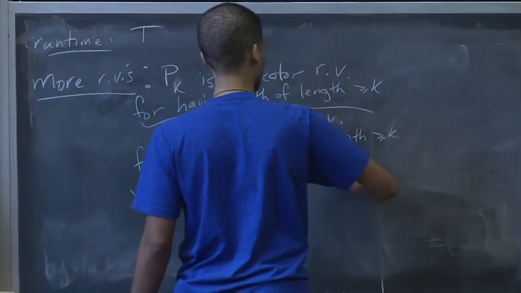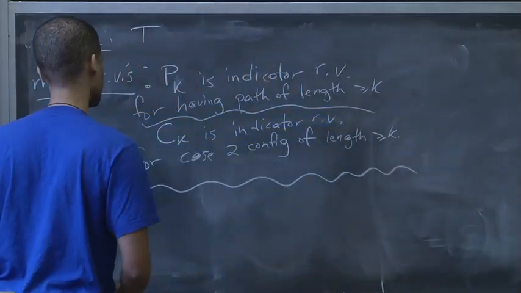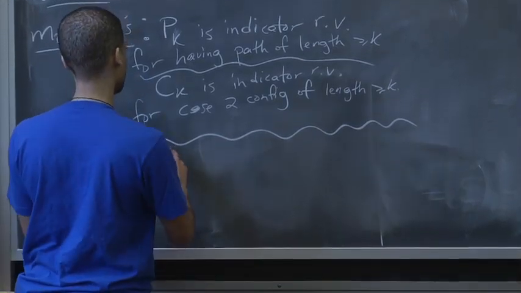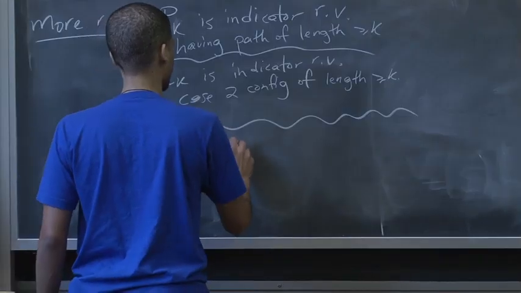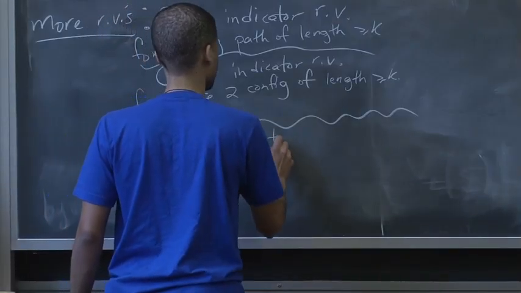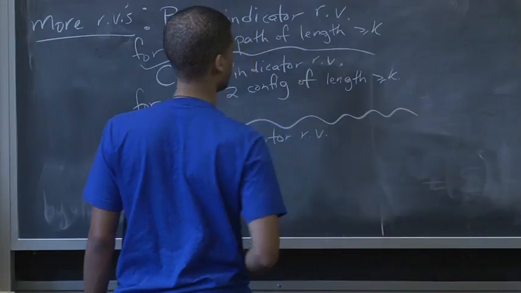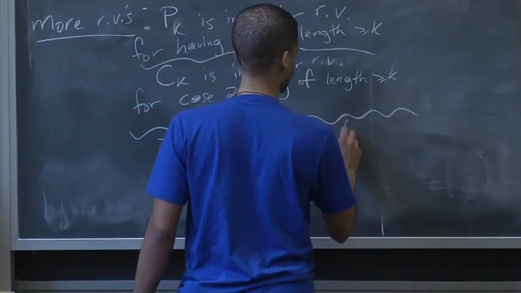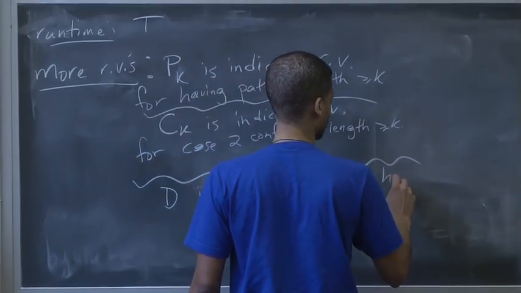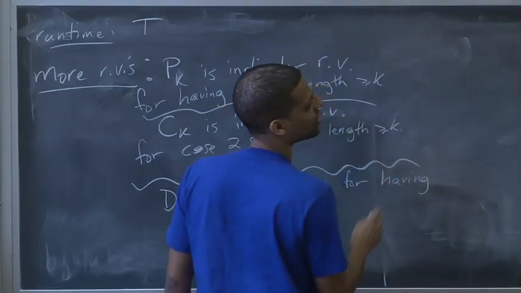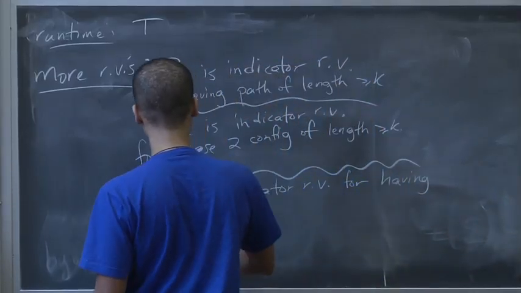And then finally we could say, let's say D stands for double cycle. D is an indicator random variable for having a 2-cycle configuration.